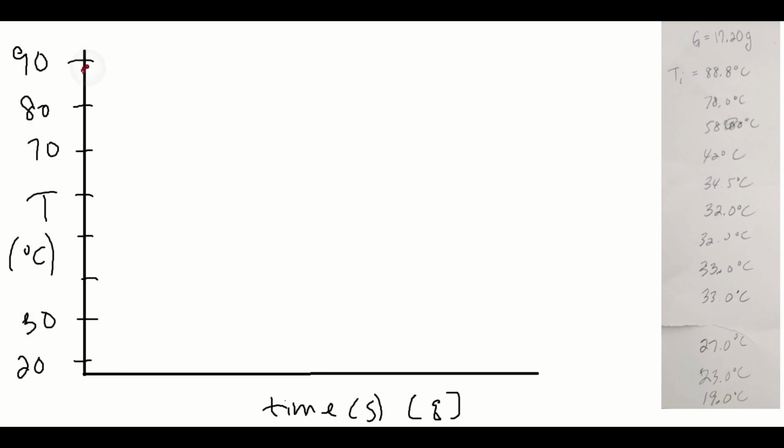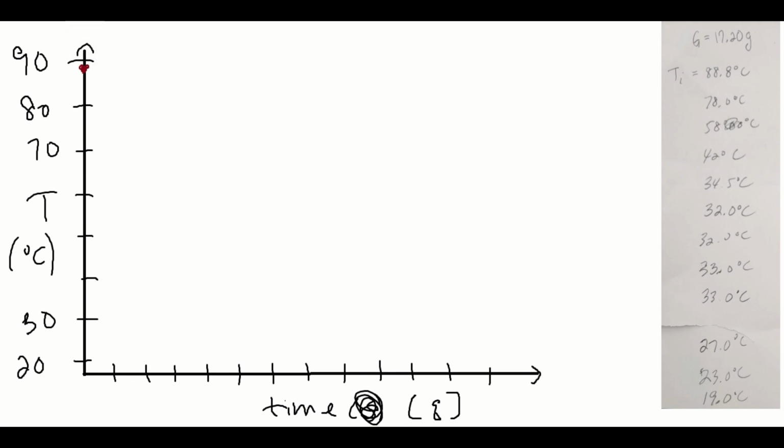My initial reading was 88.8, so that's a little bit under 90. I made 12 readings, so I'm going to put about 12 increments on the x-axis. And actually, you can forget the units of seconds. We're assuming I recorded these at equal increments, which I obviously didn't, but I wasn't far off.